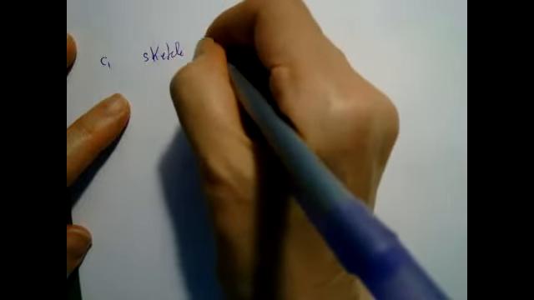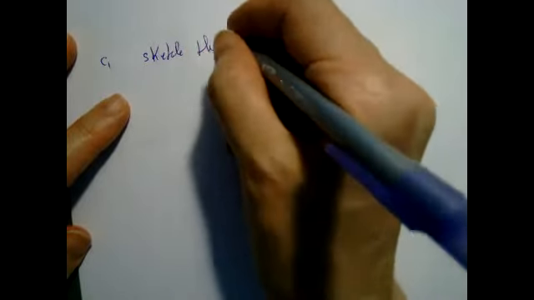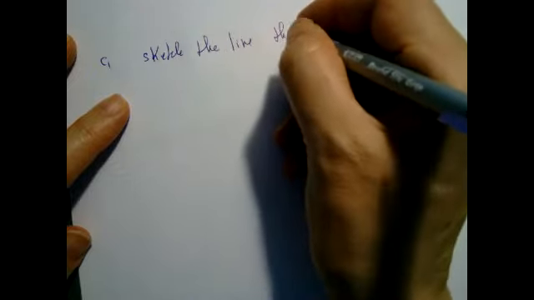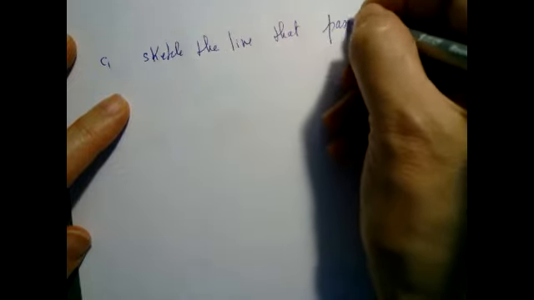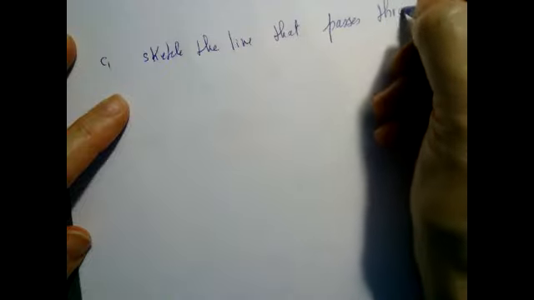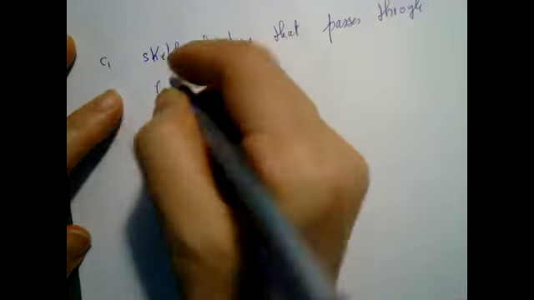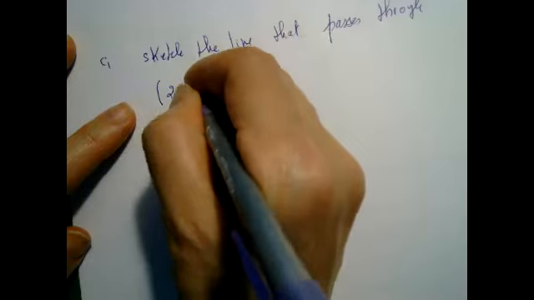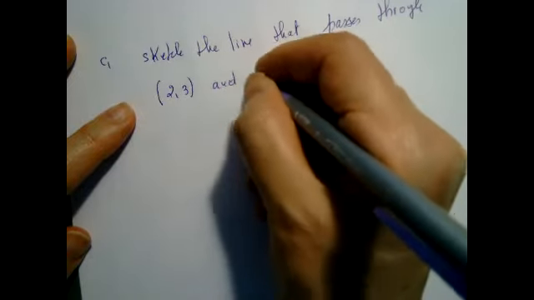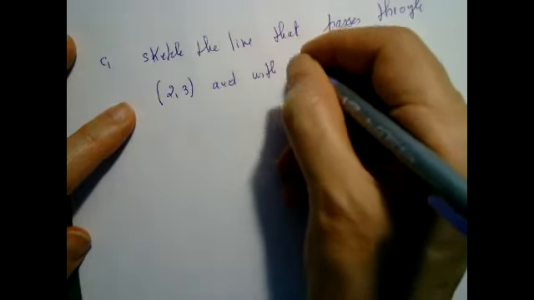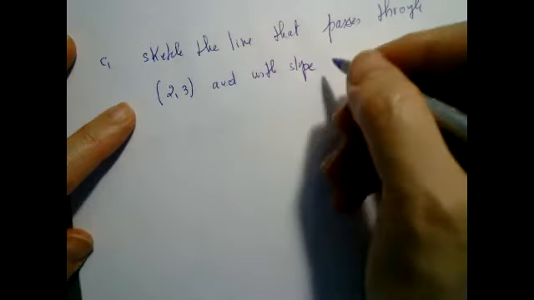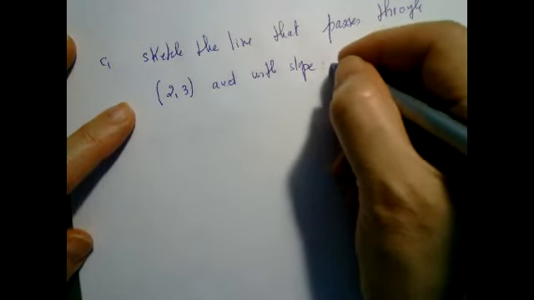All right. Now the last one along the same line. C. Sketch the line that passes, let us say, through the point (2, 3), and slope 4/5.